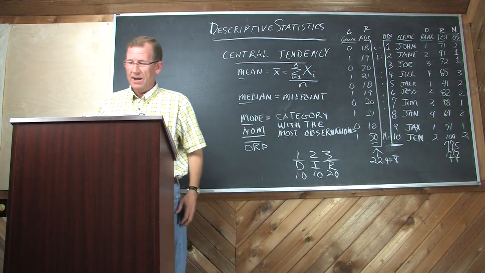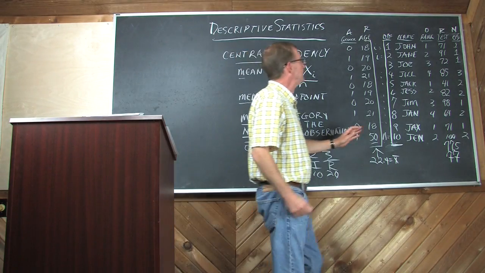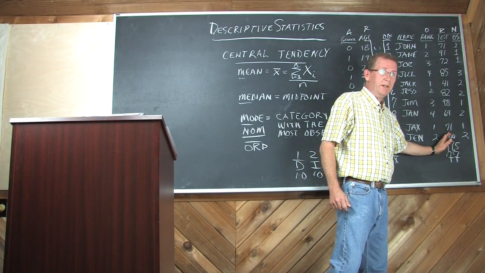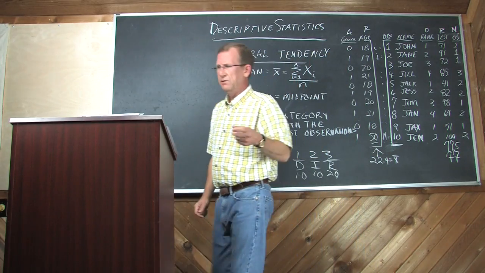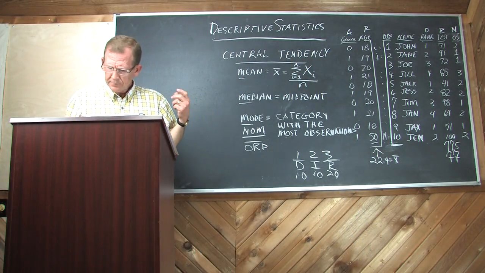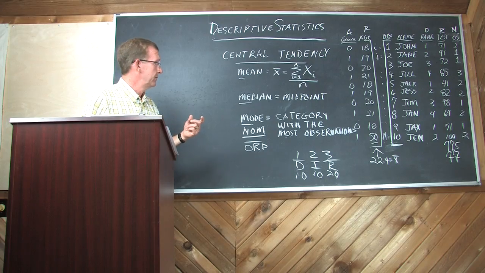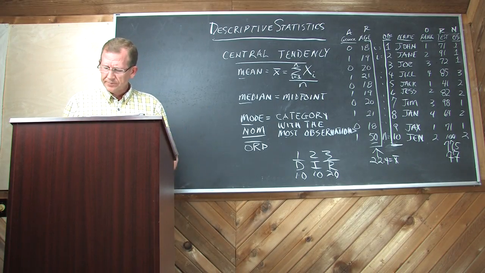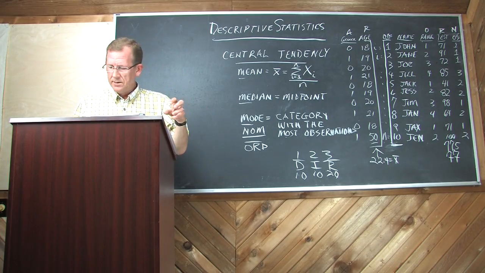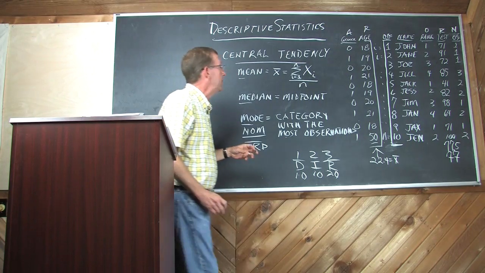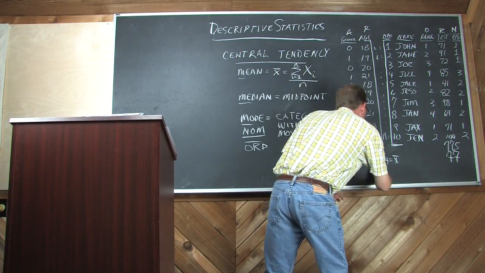In the case where you have outliers, you didn't over here. And when you don't have outliers, you should use all the data, use the mean. In the case where you do have outliers, in this case with age, and are choosing between the mean and the median, you should choose the median. The median here is 19.5.